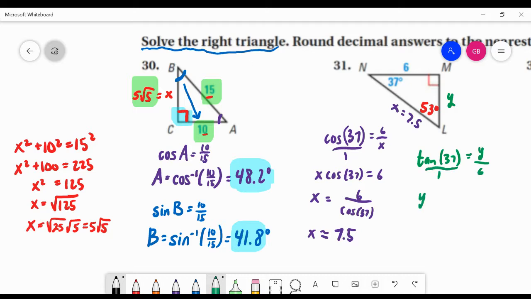When I cross multiply, I get 6 tangent of 37. So I'll go straight to the calculator. 6 times the tangent of 37 is 4.5. Side length, side length, side length. Angle, angle, angle. That's complete.